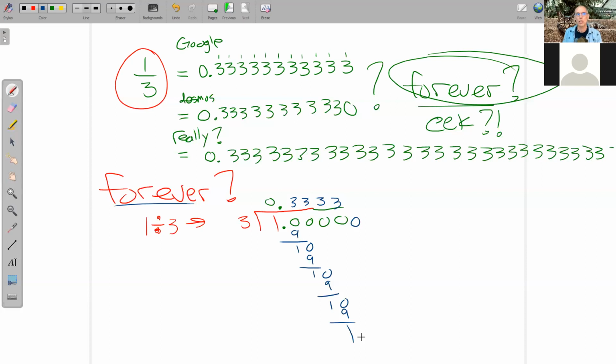Well, there are actually 2 things repeating here. Switch color. This 3 seems to be a repeat. And this 1 is also a repeat. Okay, so I've got a couple things going on there as far as the repeat goes.